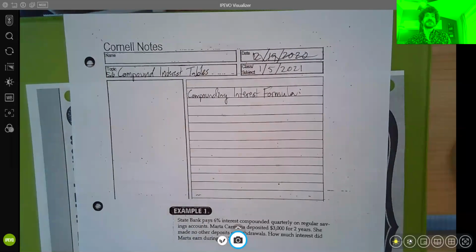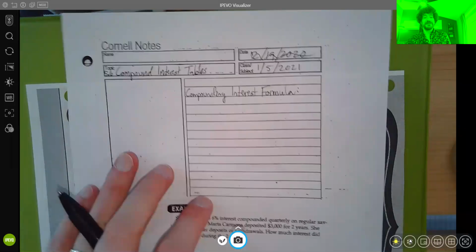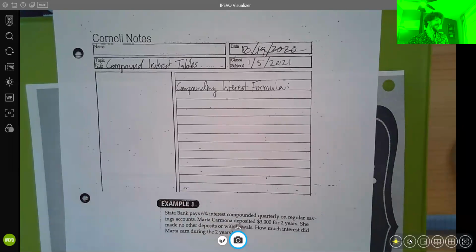Tables are a good thing because they allow you to see patterns, but we saw that pattern yesterday, so we may as well just go straight to the formula today. Compounding interest is much more common than simple interest. So if you're ever trying to figure out how interest is calculated, chances are it's going to be compounded interest, and this formula is a lot more likely to be used than the simple interest formula.